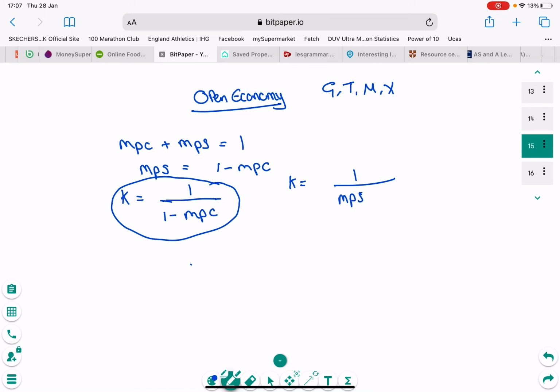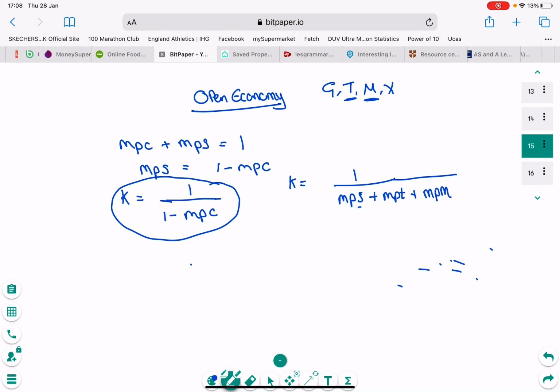However, in an open economy, saving isn't the only withdrawal. We also have other withdrawals of taxation and imports. So when we have an open economy, the value of our multiplier is going to be 1 over MPS plus MPT, which is marginal propensity to tax, so that's the proportion of income that's taxed, plus MPM.